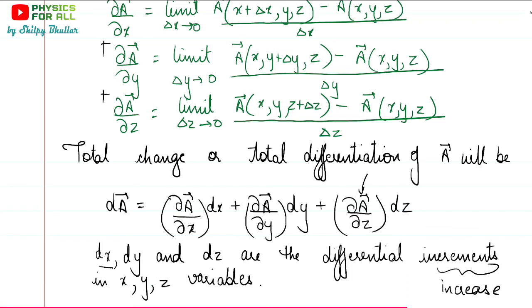This quantity always tells you how A is changing with respect to the quantity which is in the denominator. So this is the meaning. But putting this means what was the total change in the quantity with respect to which you were differentiating A. Okay, so two reasons why we have written these along with these partial derivatives.